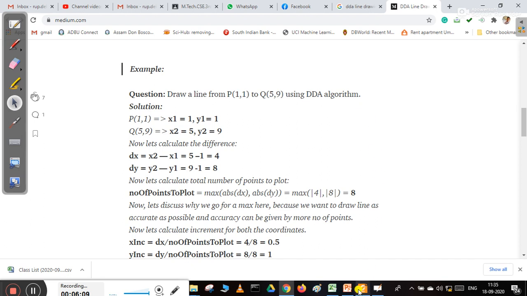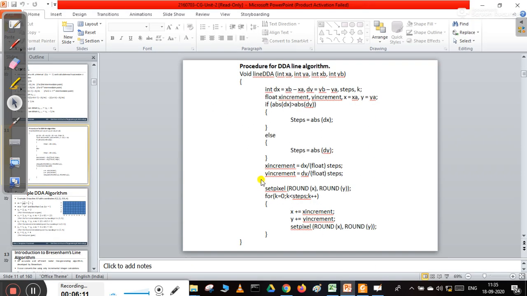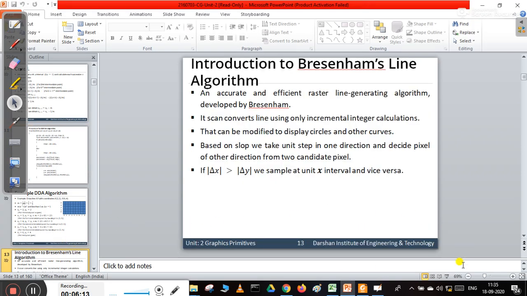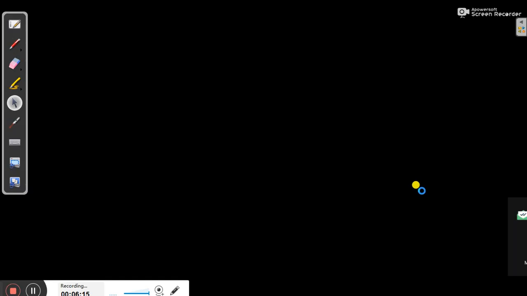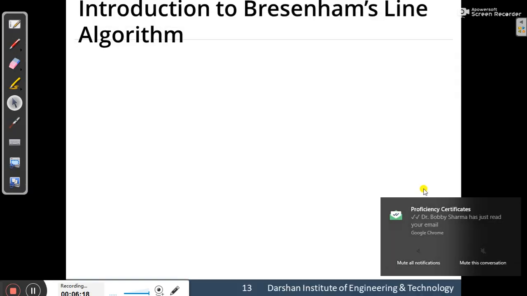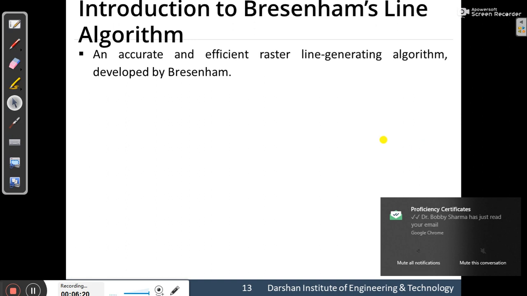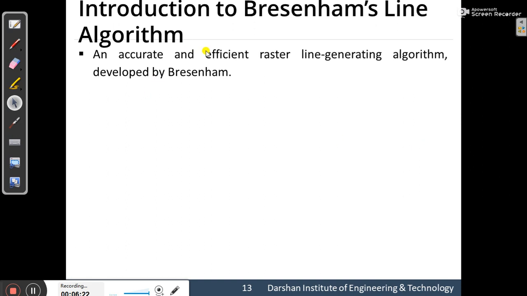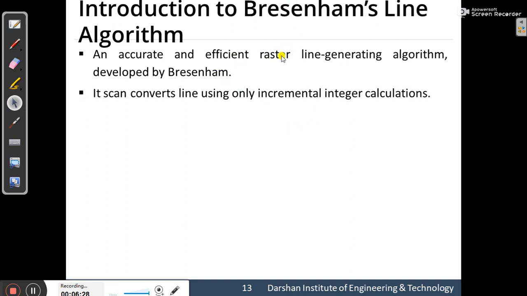So now we'll go through the Bresenham line drawing algorithm. It is an accurate and efficient raster line generation algorithm developed by Bresenham. It can convert a line.